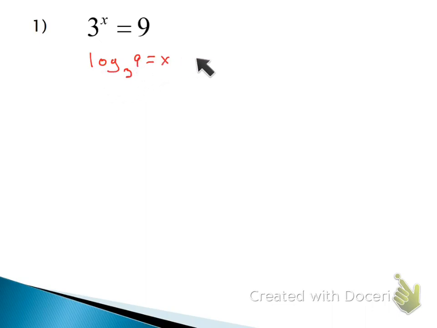What's our answer? 2. But today, you also could think of it like this: 3 to the x equals 9, isn't 9 3 squared? And when your bases are the same, you can set your exponents equal to each other. x equals 2.